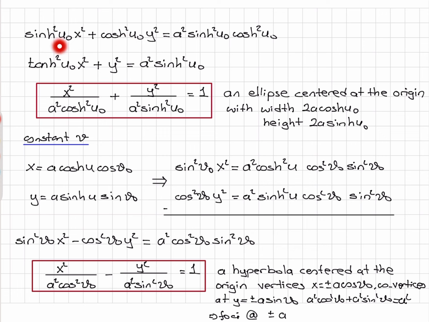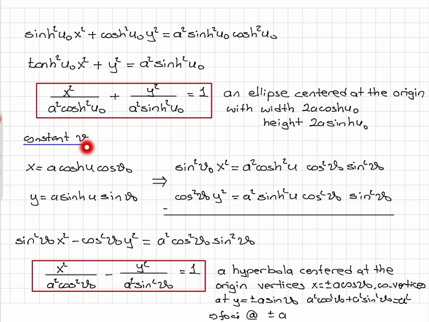Dividing this with this, I'm going to get rid of sine hyperbolic square, so I will have x squared divided by a square cosine hyperbolic square. Dividing this term with this, cosine hyperbolic square cancels. I have y squared divided by a square sine hyperbolic square. This is equal to 1, which is describing an ellipse centered at the origin with width 2a cosine hyperbolic u0, height 2a sine hyperbolic u0.